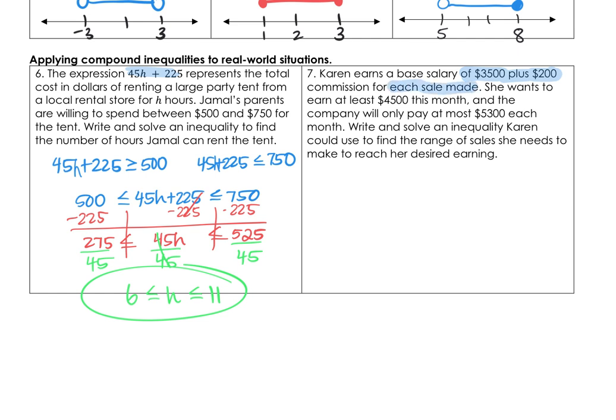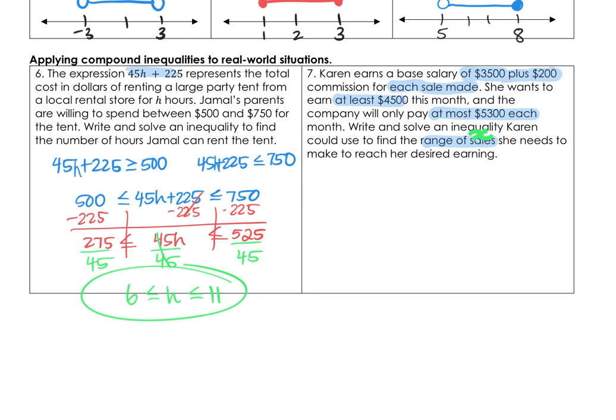She wants to earn at least $4,500, and the company will only pay at most $5,300 each month. Write and solve an inequality Karen could use to find the range of sales. So that's going to be her x, because that's what we're trying to find. The range of sales she needs to make to reach her desired earnings.